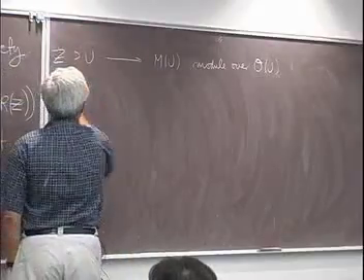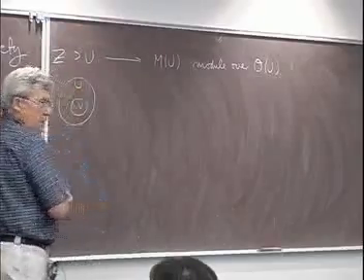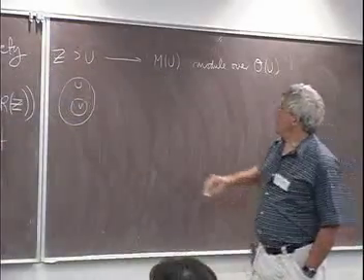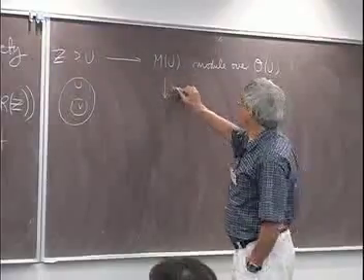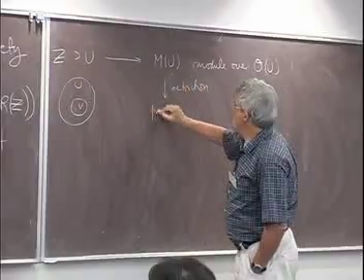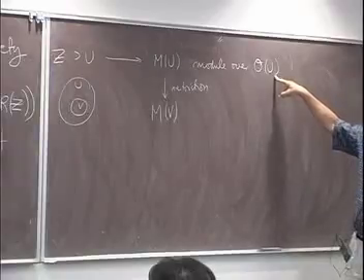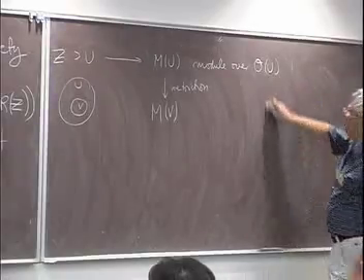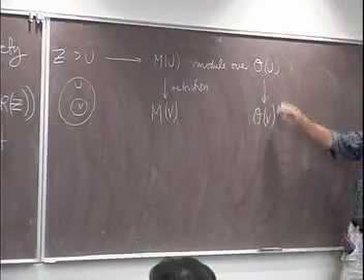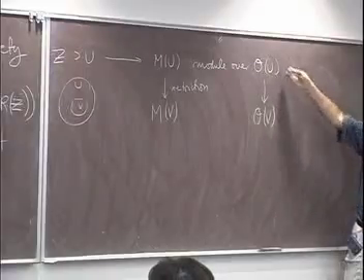For example, if this is my U and this is my V, then V sits inside U, so there will be a restriction map from M of U into M of V. Of course, for functions, we have the obvious restriction map. You take a function and restrict it to a smaller set, and you want this arrow to be a morphism of the corresponding modules.